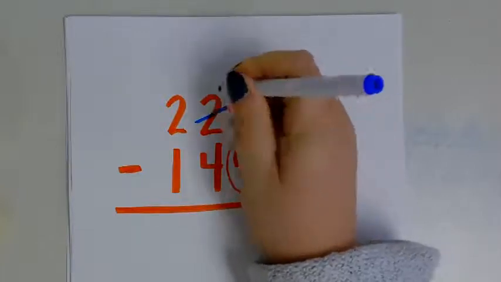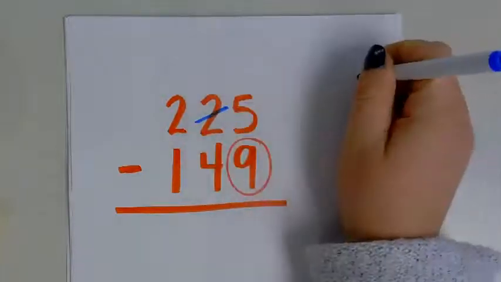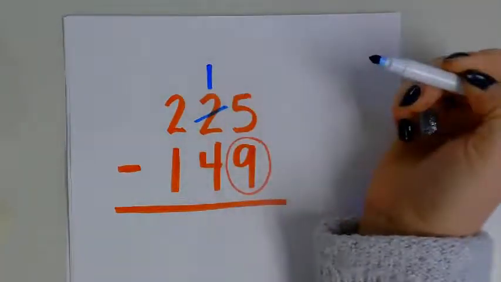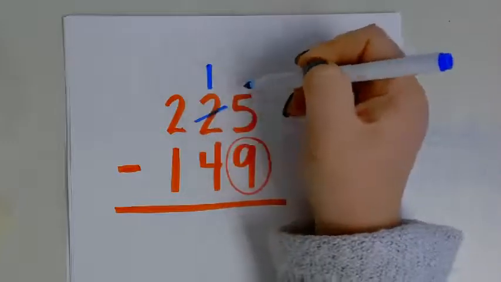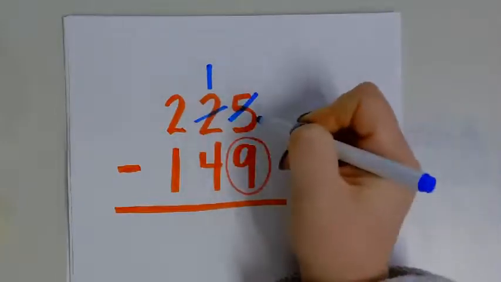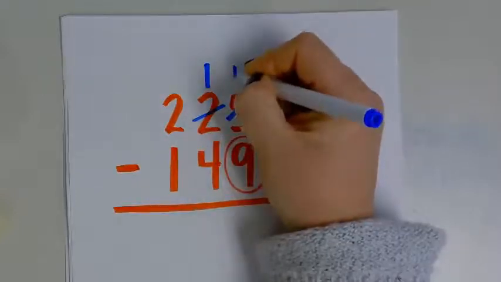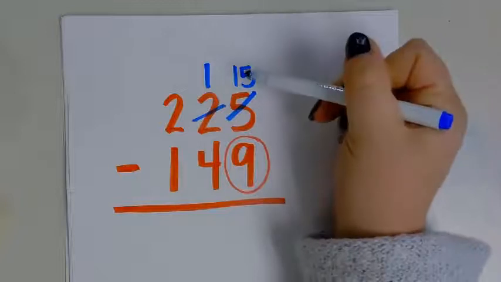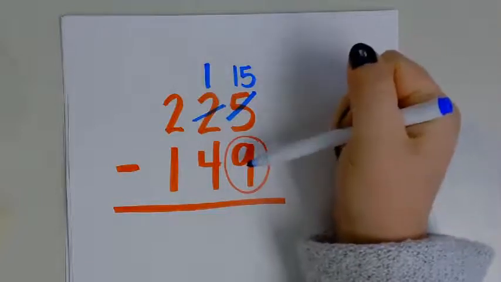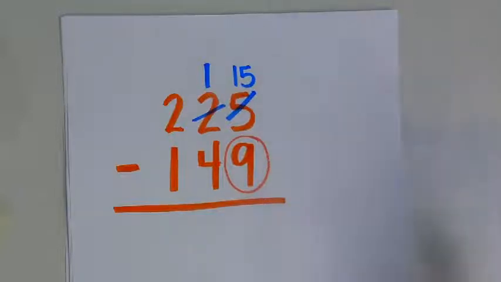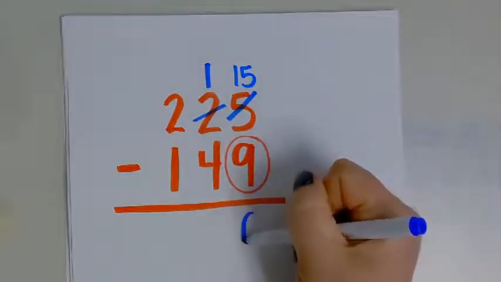If I have 2 and I take away 1, I have 1 left. The 10 gets added to the 5. 5 plus 10 is 15. Now I have 15 minus 9. And 15 minus 9 is 6.